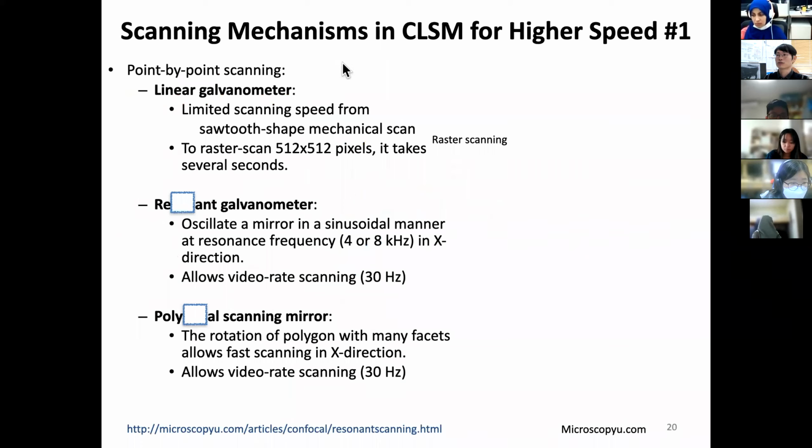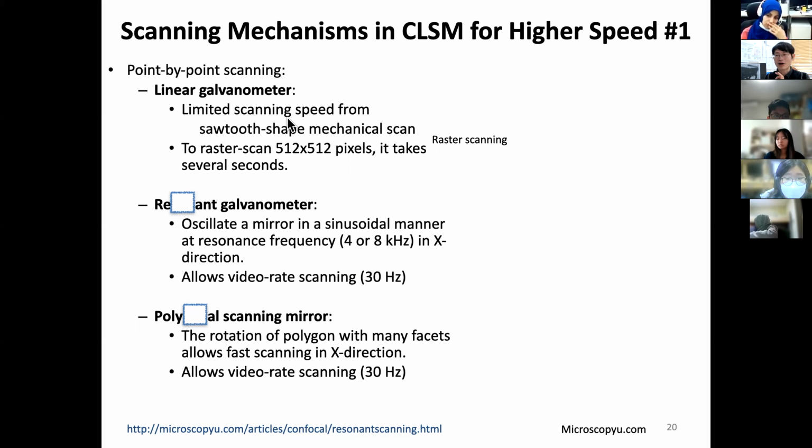All right, so for the scanning mechanism, I introduce you only to the simplest one, a simple galvanometer which rotates in the X and Y directions. Okay, that's called a linear galvanometer. Most of the time, your laboratory confocal microscope has that. But you have to think about how that actually works to sweep all the two-dimensional imaging.